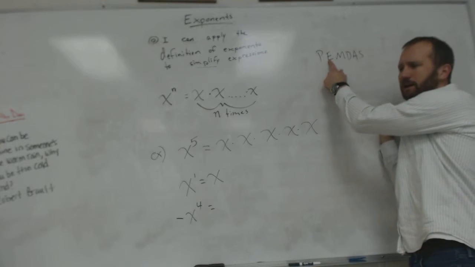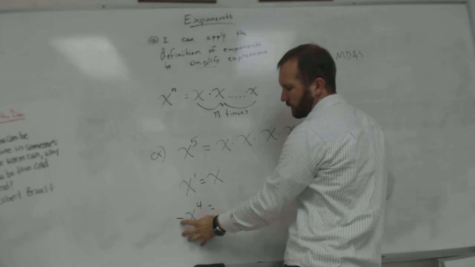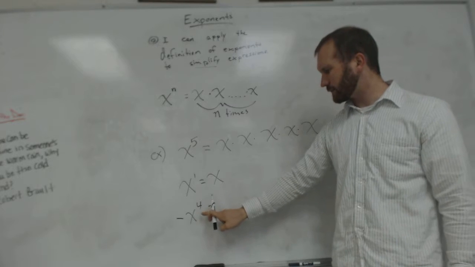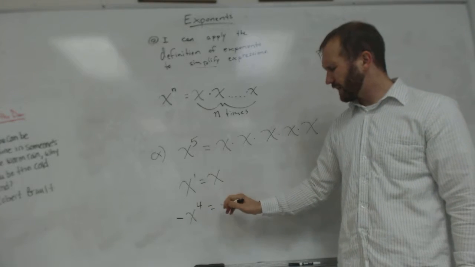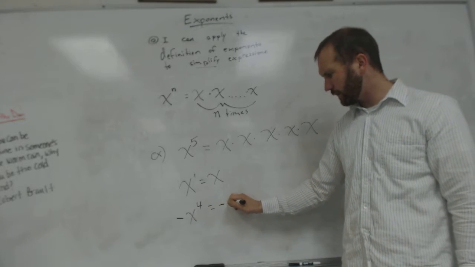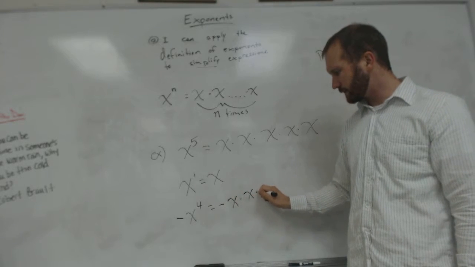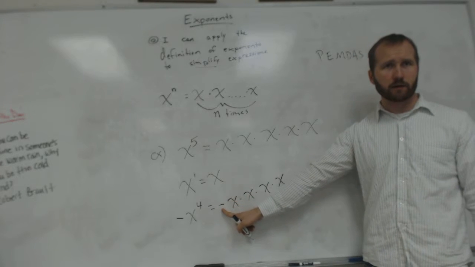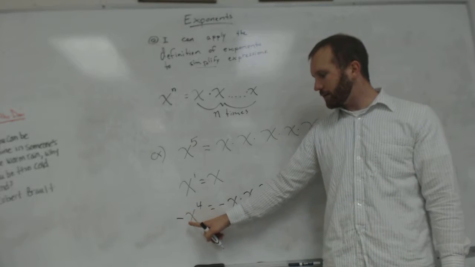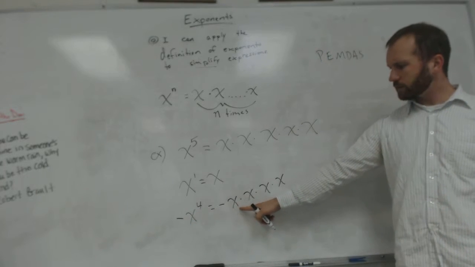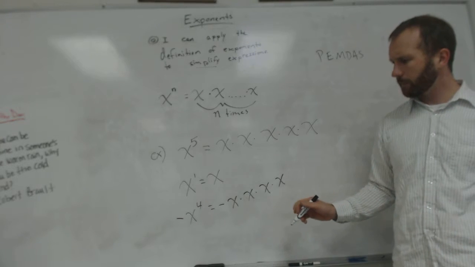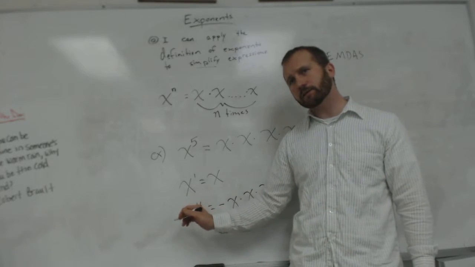So we're going to do the exponent before we multiply the negative 1 times that x. So negative x to the 4th power is the same thing as negative x times x times x times x. How many negatives are there? 1. Just 1, right? How many x's? There's 4.